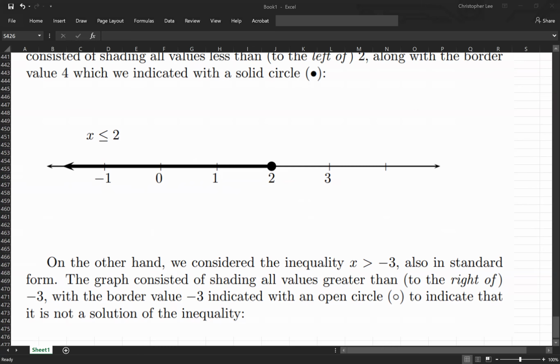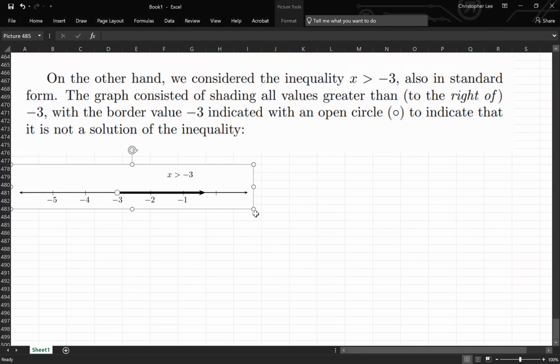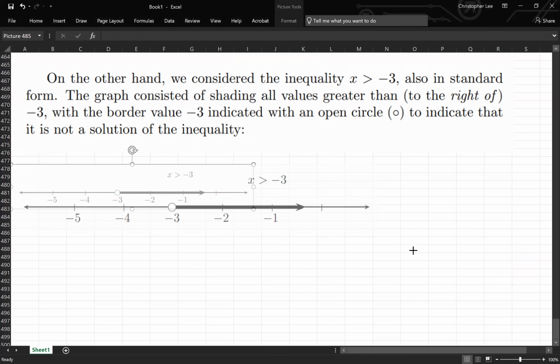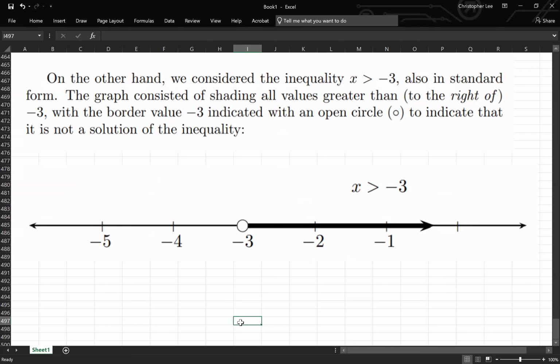Just to show y'all what that is, there you go. This is for x greater than -3. We have -3, our border value, with an open circle, and we're shading it to the right. That's x greater than -3.